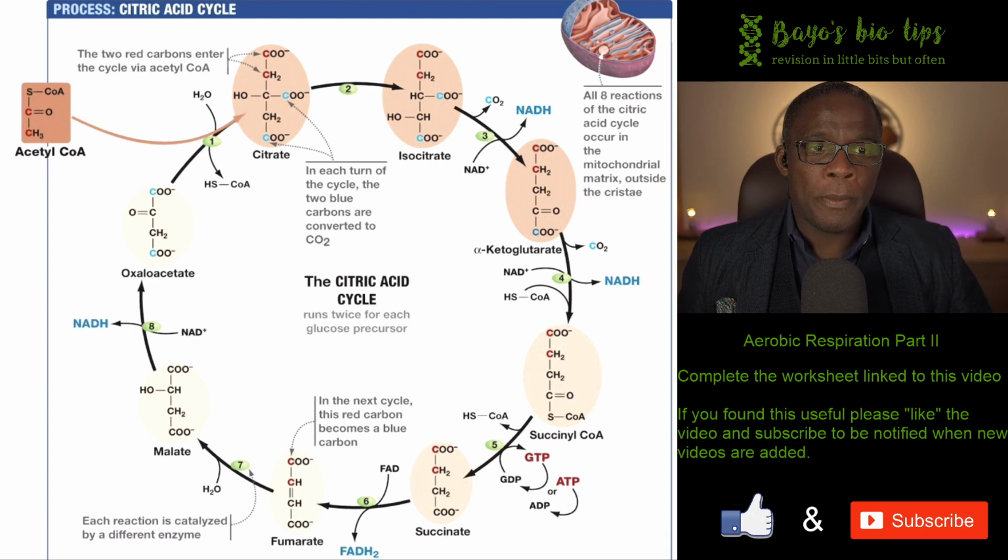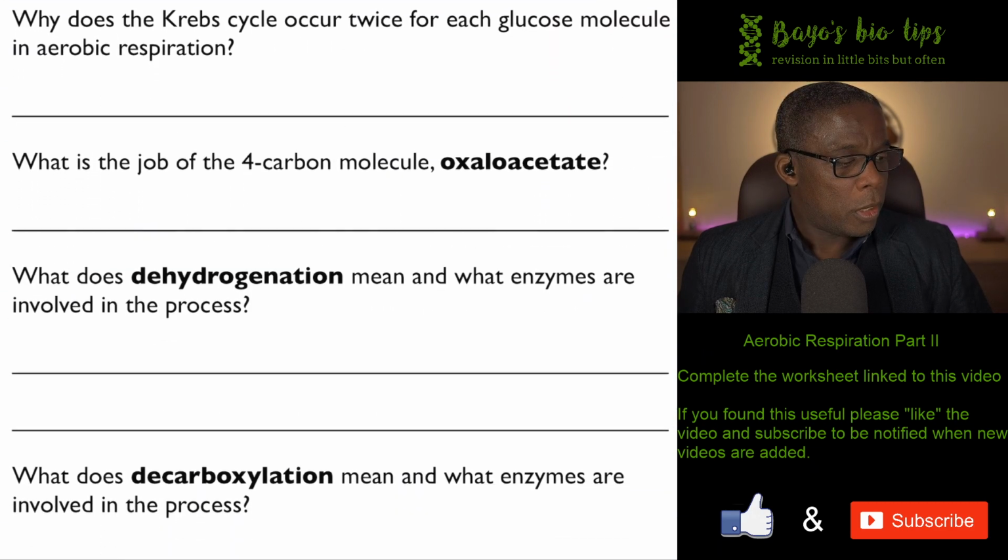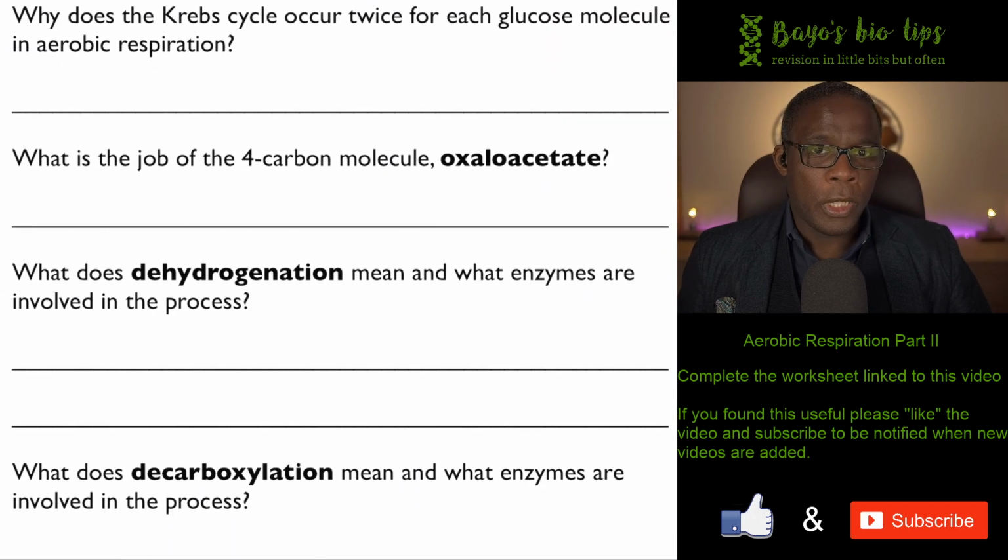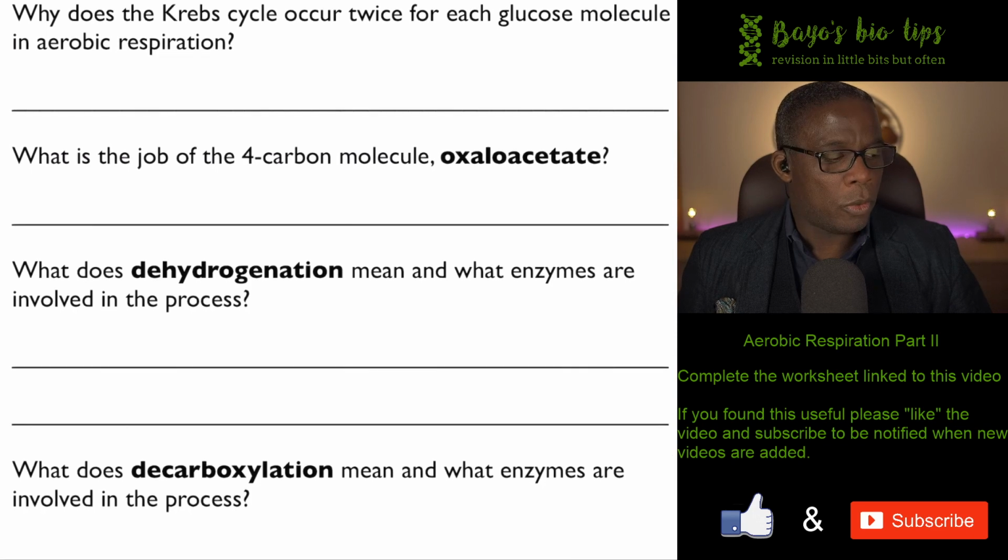And if you remember going back to the previous video, the link reaction has to happen twice for each molecule of glucose because glycolysis leads to the production of 2 molecules of pyruvate. Each of those 2 molecules is then fed into the link reaction, and so each of those will result in 1 molecule of acetyl coenzyme A. So there needs to be 2 occurrences of the Krebs cycle for each molecule of glucose.